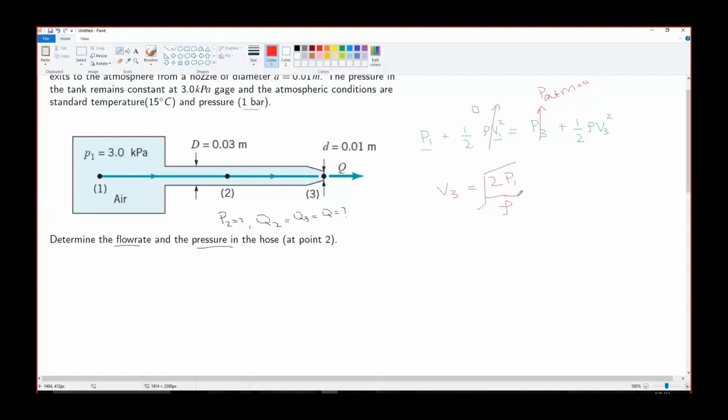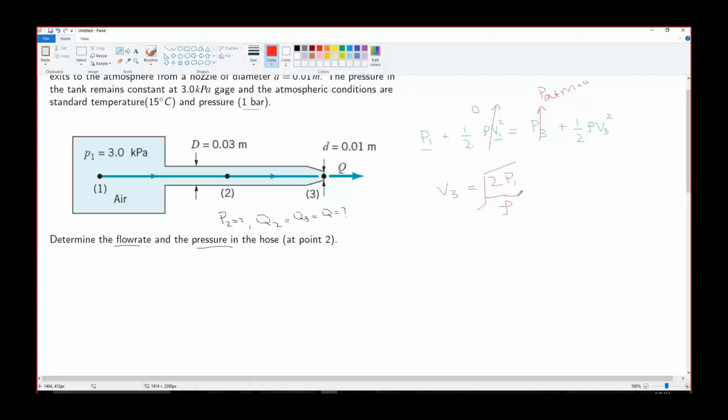The fluid is air. Air is a gas, and for gases, how do we calculate density? Using the ideal gas equation. So what is the ideal gas equation?